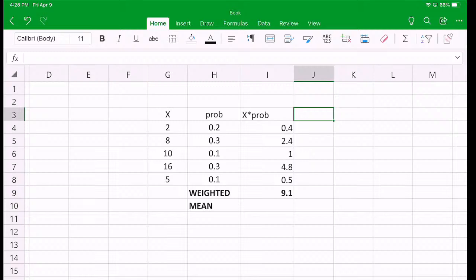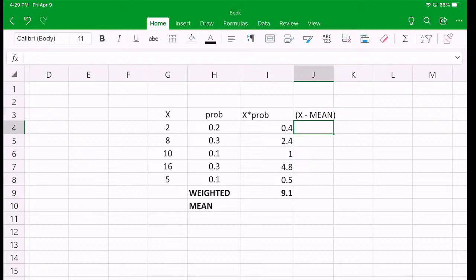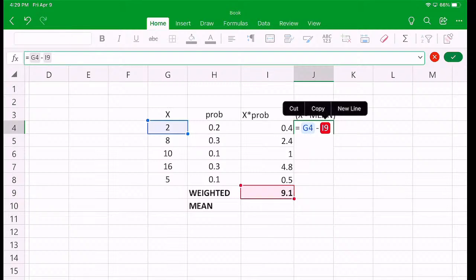So let's take the deviations from the mean. So this is... I'm just going to put the number in there, 9.1, it's easier.